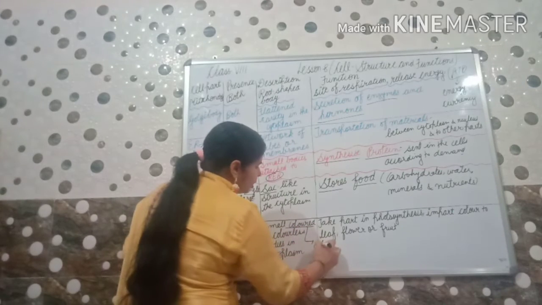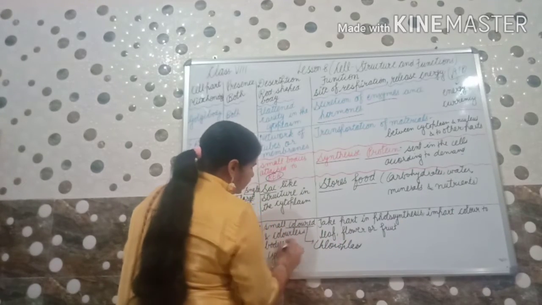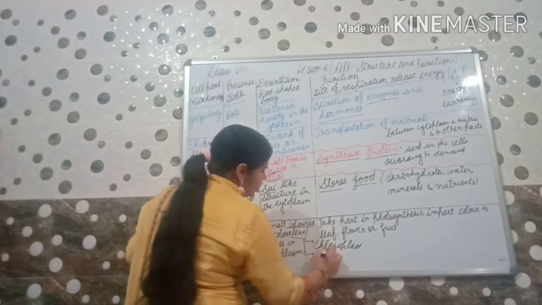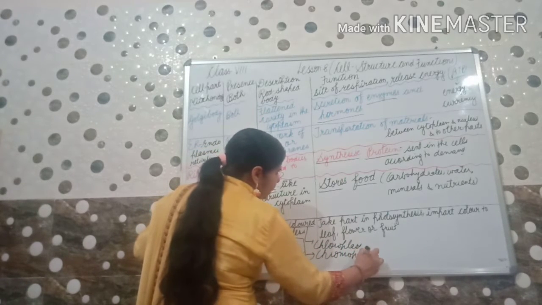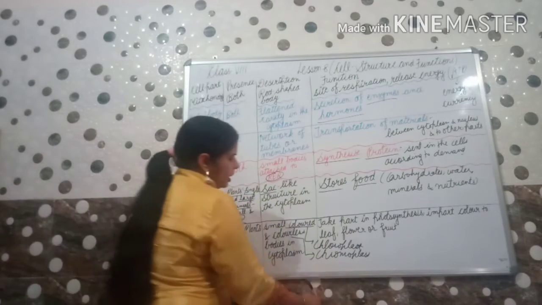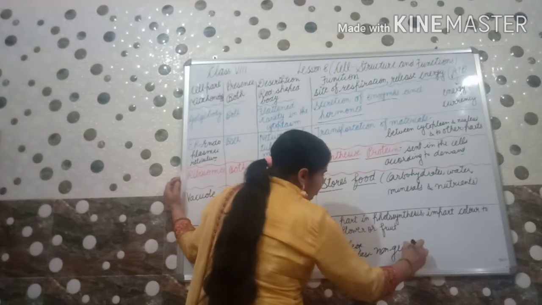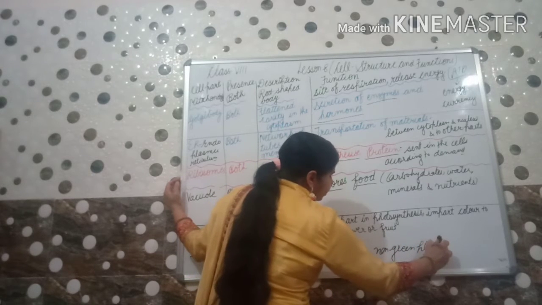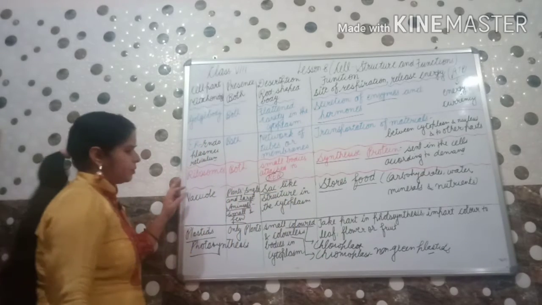Colored ones are chloroplasts, and colorless we can say chromoplast. Chloroplast has chlorophyll, which is used by the plants. And chromoplasts are non-green plastids which give color to the fruits and flowers.